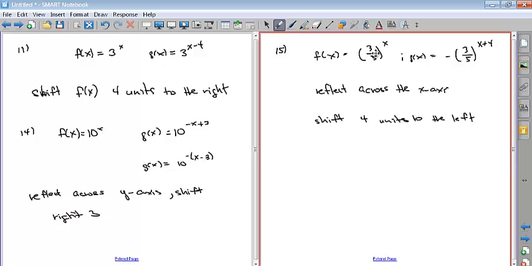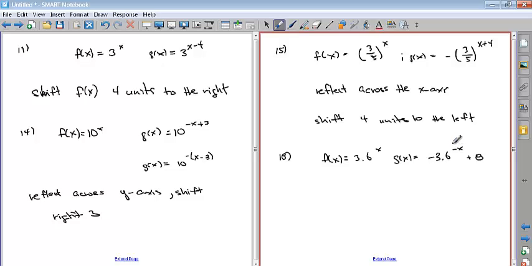Okay, and then the last one in this group is 18. So what do we have? We have f of x equals 3.6 to the x, and g of x is equal to negative 3.6 to the negative x plus 8. So you got a negative here, which will make it reflect across the x-axis.